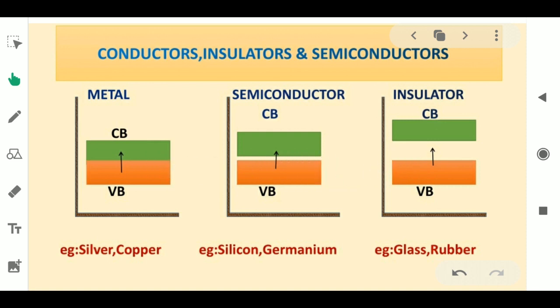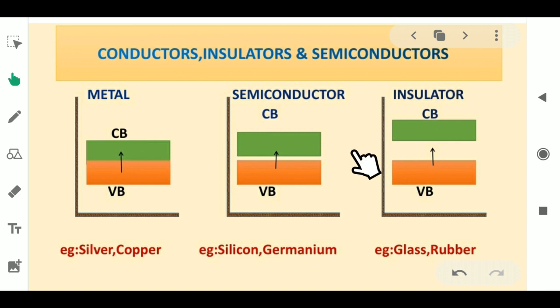Clear? Then the last one, insulator. Insulators are the materials that do not allow the passage of electricity through them. Examples: glass, rubber, paper, wood, etc. In this case, you can see that the valence band and conduction band are separated by a large distance, or a very big gap.